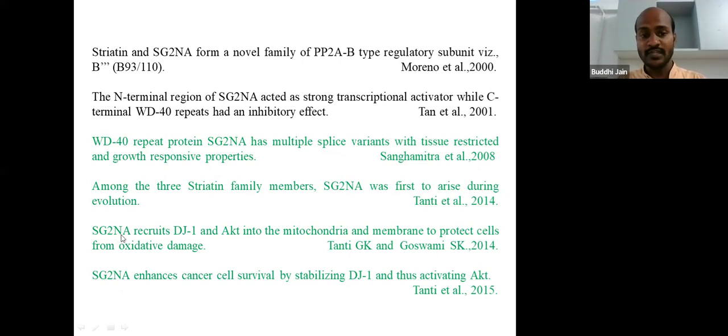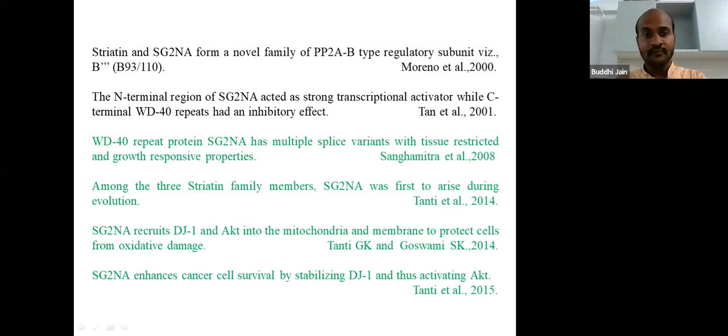This SG2NA protein also interacts with DJ1 and AKT protein in the mitochondria and the membrane and protects the cells from oxidative damage. And regarding cancer cells, it is established that this protein interacts with DJ1 and activates AKT. So this is the literature available till now regarding this protein.